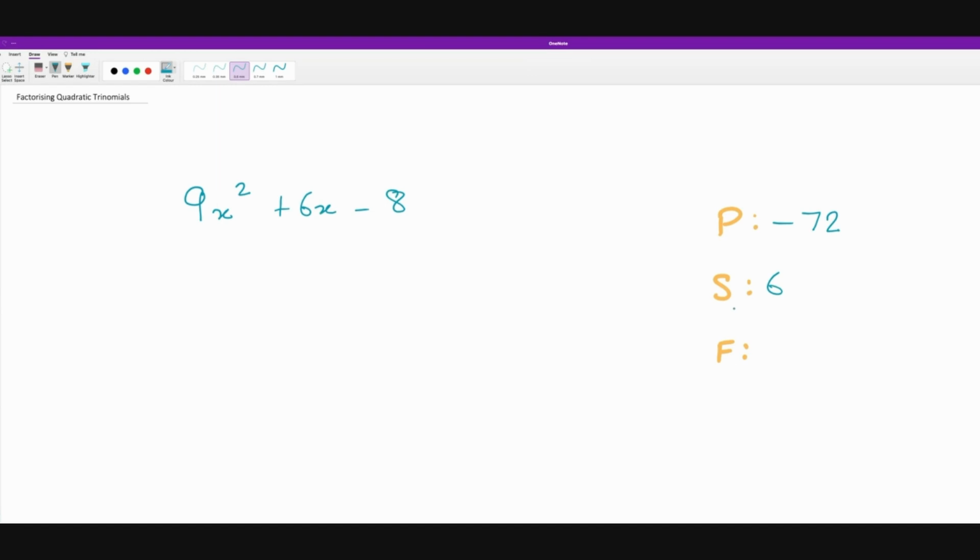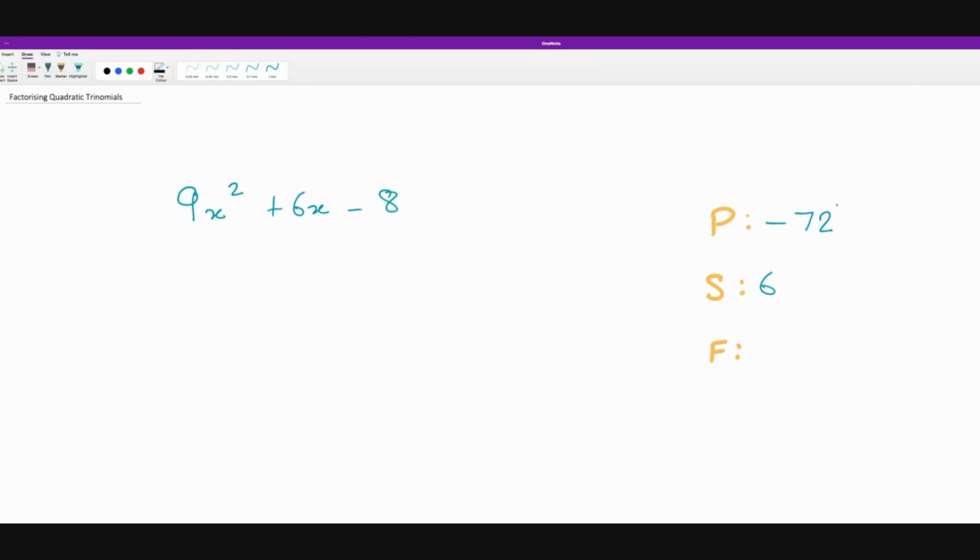Okay, now let's have a go and see what different combinations can I use to get me a product of minus 72 and a sum of plus 6. Now, I know that 6 times 12 will give me a plus 72, but I want a minus 72.